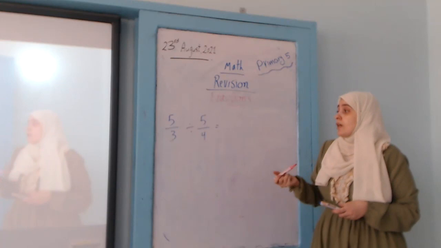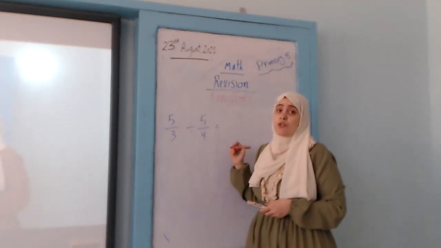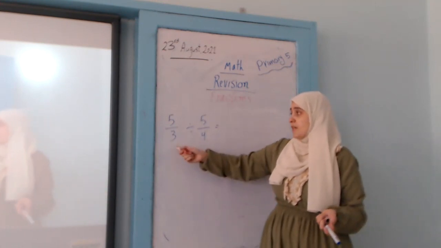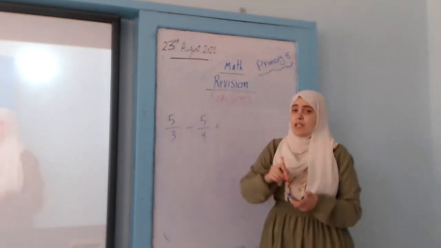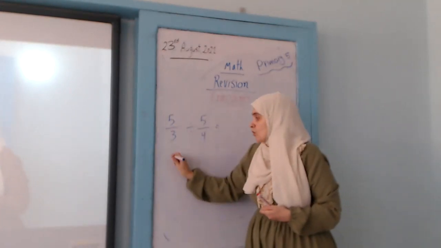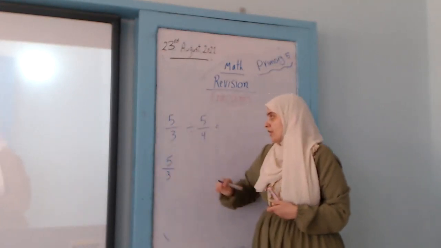How? Keep, change, flip. Keep means I keep the first fraction as it is, 5 over 3, so I will write 5 over 3.